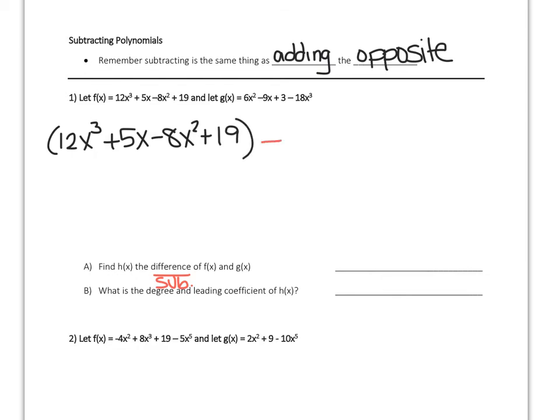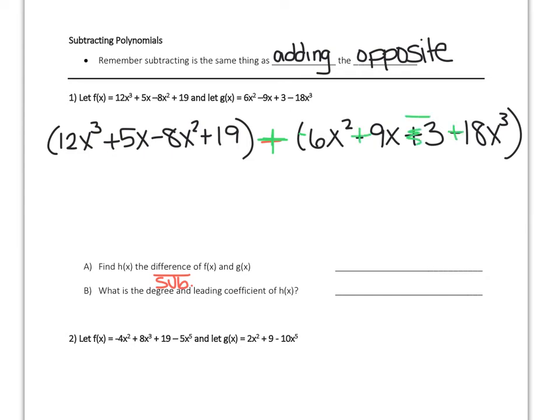But now this time, we're subtracting the two. Okay, so we have to remember, before we can add these two things together, we have to make sure that subtracting changes to adding the opposite. So adding the opposite sign. So every sign gets changed.